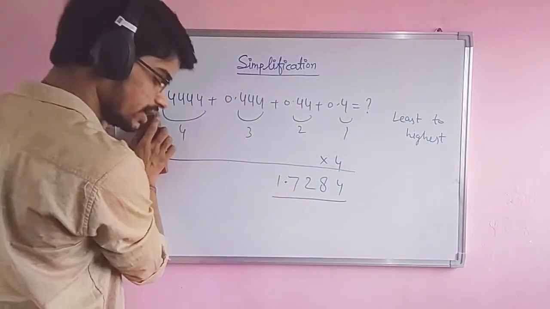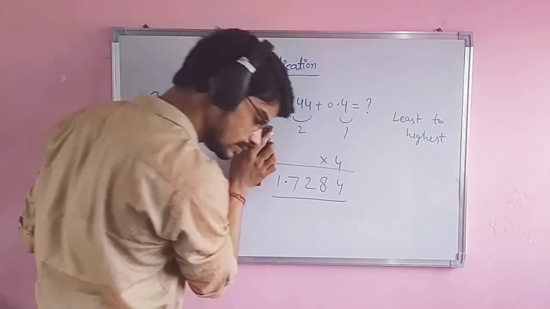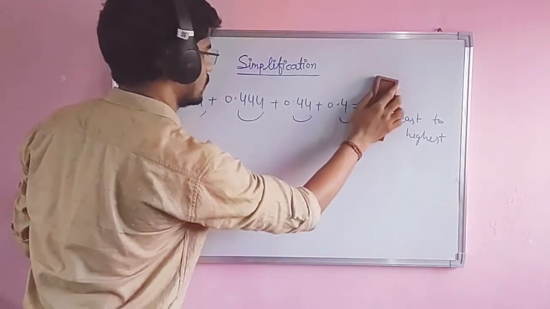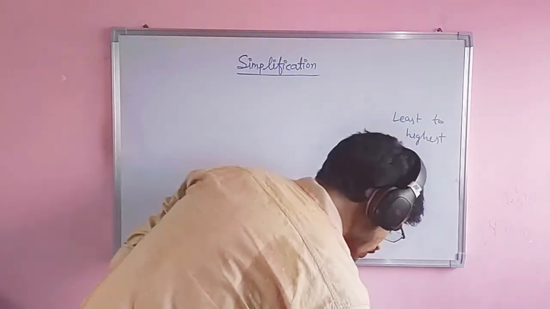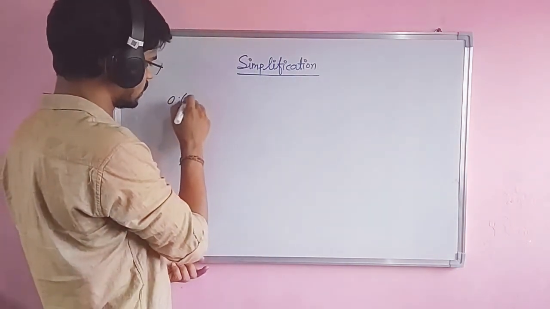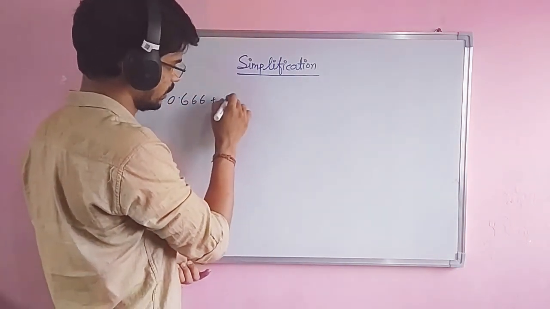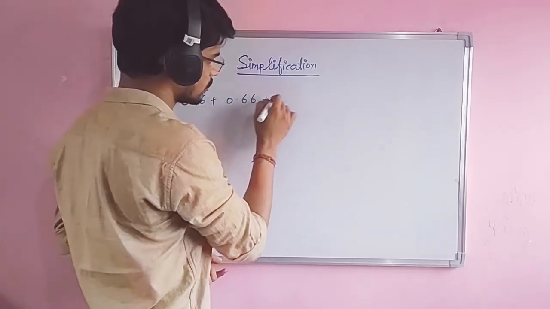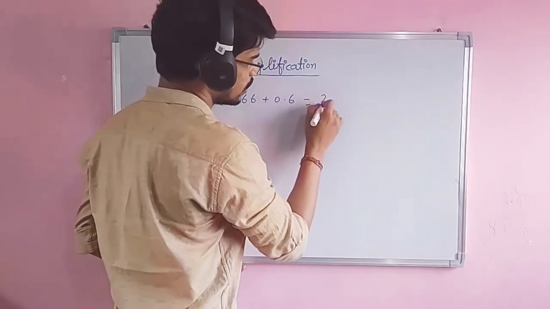Let's take another example. The question is 0.666 plus 0.66 plus 0.6, calculated within seconds.